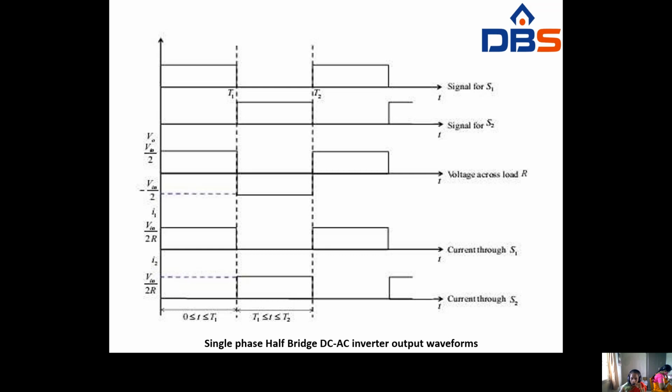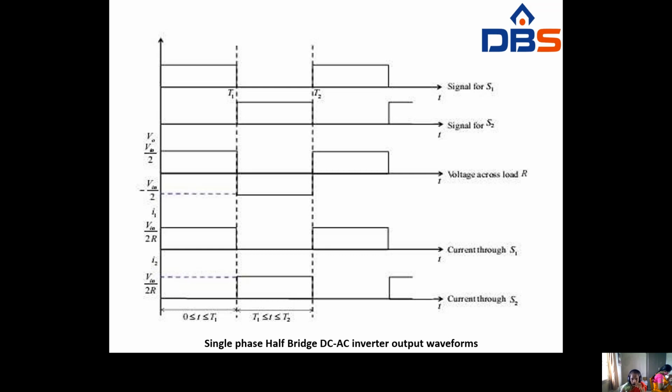Here are the signals S1 and S2; for Q1 and Q2 we are giving input signals, and the output voltage across the load. Whenever Q1 is on, the output is obtained. After that, in the negative half cycle, Q2 will be operated and the output will be obtained in the negative direction, that is minus Vin by 2. Again, whenever Q1 is operated, the output voltage will be positive Vin by 2.